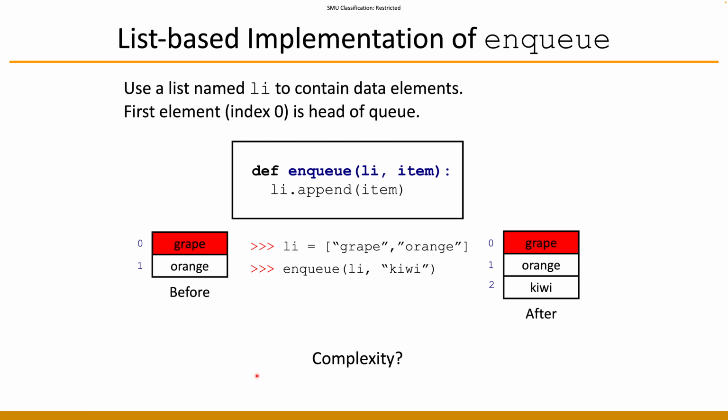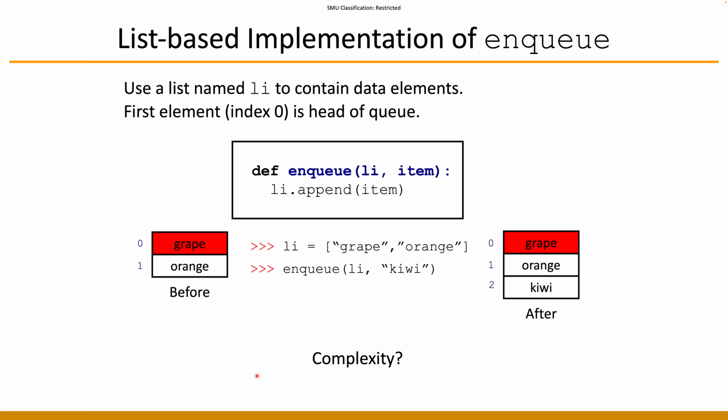Okay, so we have talked about the abstract definition of the data type. Now we are ready to think about how we can implement that in Python. Again, using the only well-known container data structure that's known to us at the moment, which is list, right? So again, just like before, we'll try to use list to implement this concept of queue.